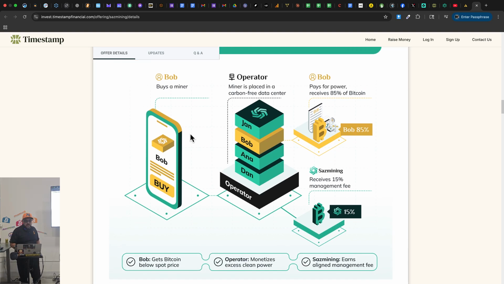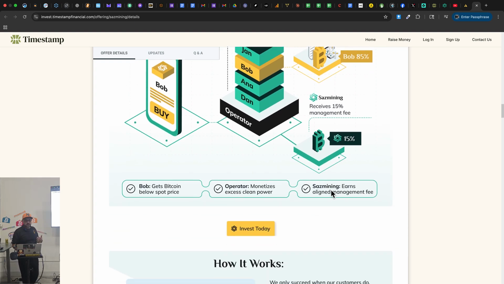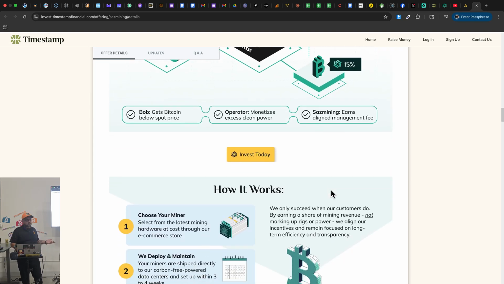So I mentioned the platform that they have, but the way that the business works basically is you're able to log on and buy a miner on their platform. They, being SAS Mining, will deploy the miner into a carbon-free data center somewhere in the world. They have them in different countries. And then you're up and hashing, and you pay for the power fee, which is a really, really low rate that they're able to negotiate, and receive 85% of the Bitcoin.